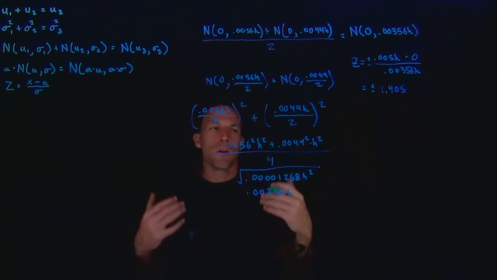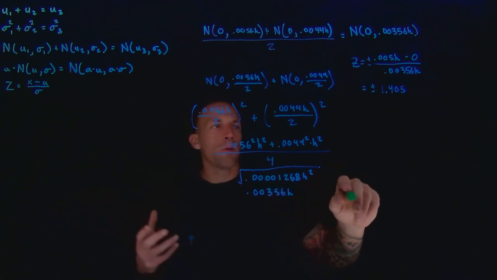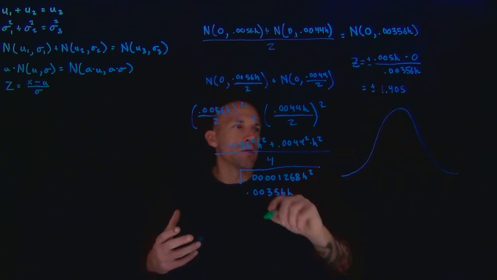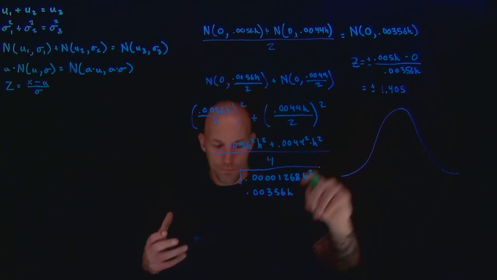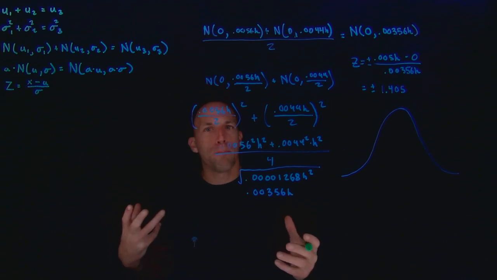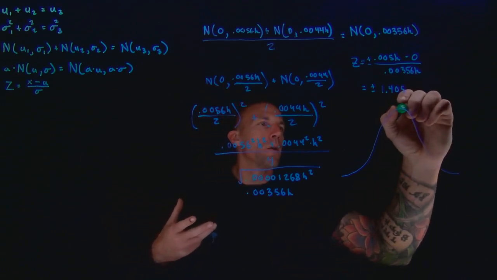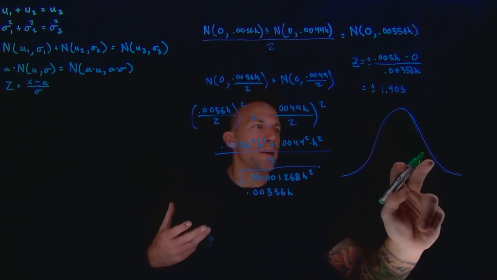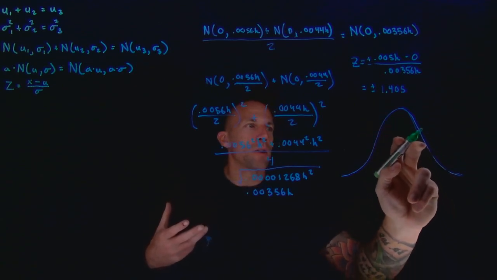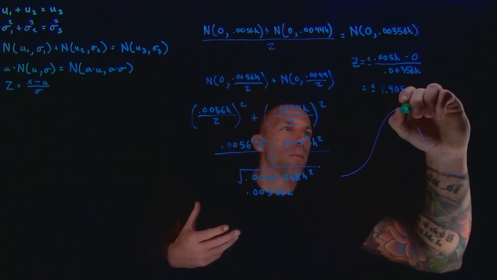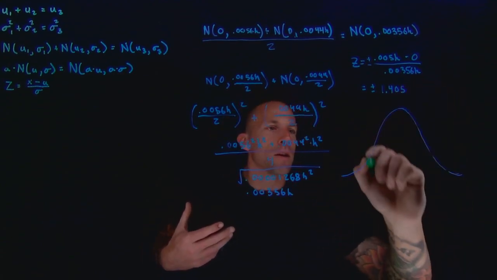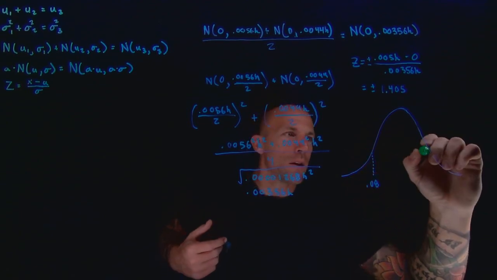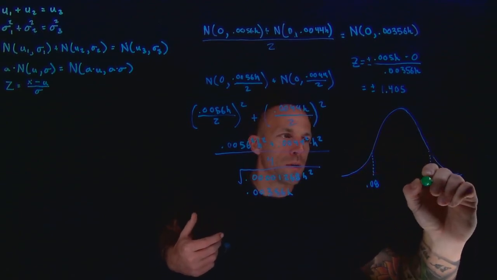That's your z-score. So you're going to go over to your standard normal table and find your values for your z-score, and I'll sketch it out here. It is about 0.92, or if you're on the negative side, it is about 0.08. The distribution is symmetric, which makes this part of the problem pretty easy. Basically, this is about 0.08, and this is about 0.92.